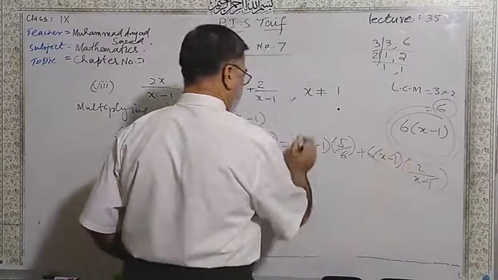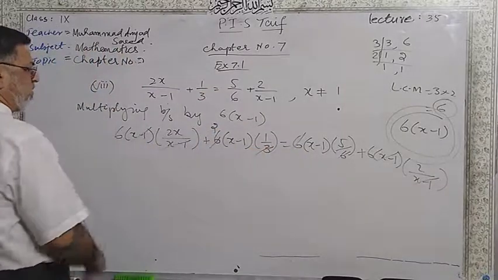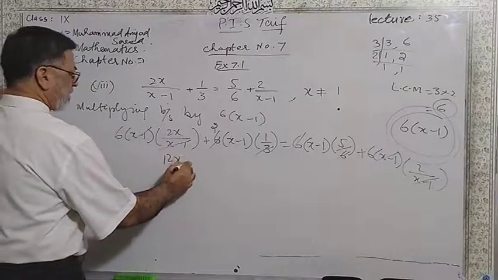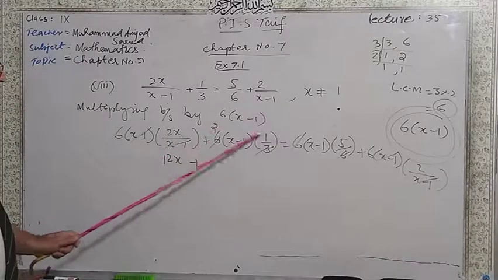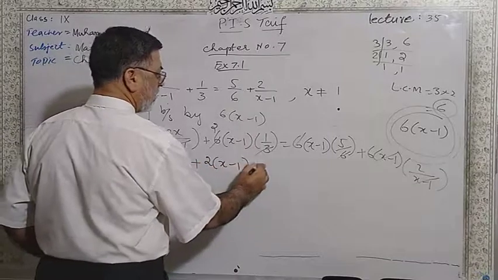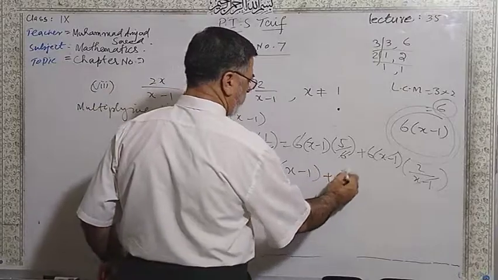This is cancelled out. 6 6 cancelled out. 3 twos are 6 and x minus 1 x minus 1 cancelled out. Dear students, you have 6 into 2x, that is 12x. Then 2 into x minus 1 is equal to 5 into x minus 1 plus 12.